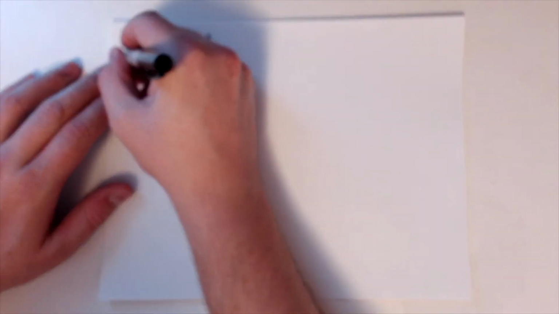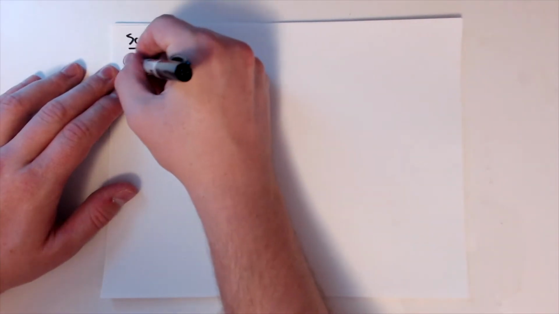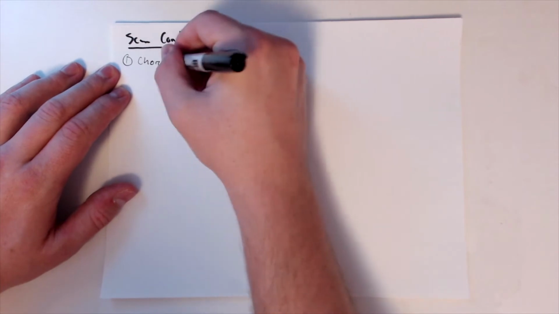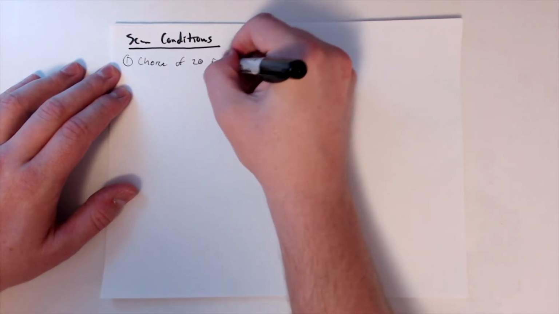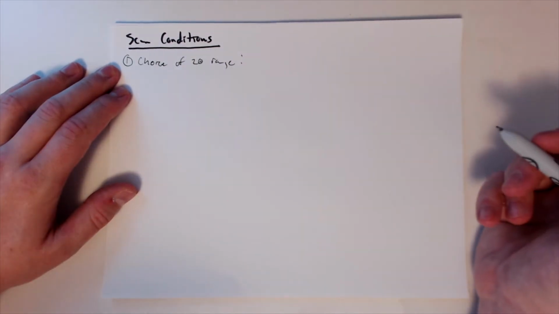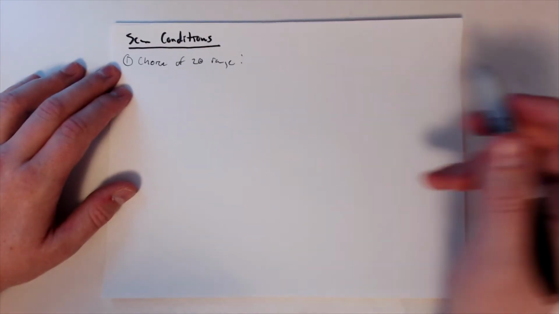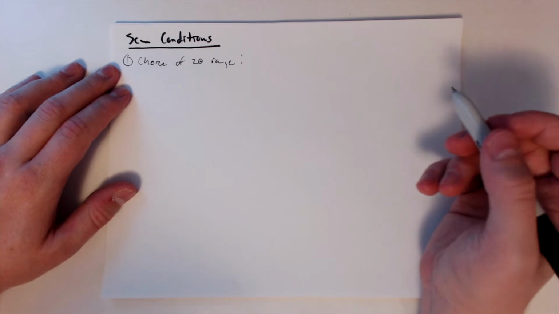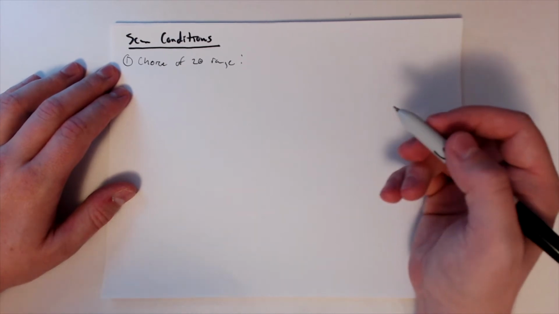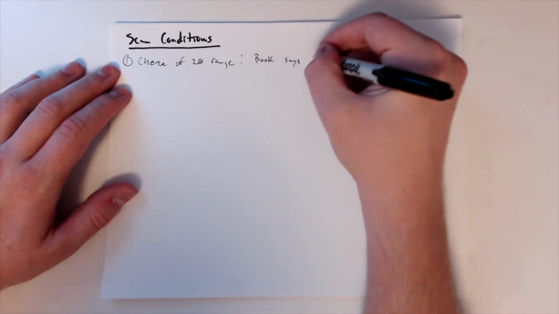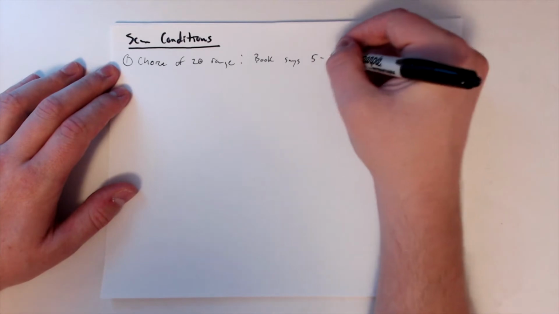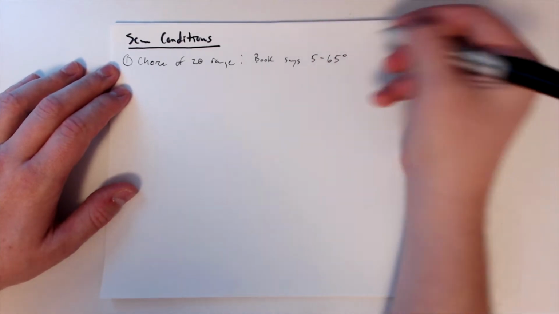So the first thing I want to talk about is the choice of range of 2 theta. So, what we choose here for the range in which we scan our detector. So the book, our course textbook, gives you an ideal range of 5 to 65 degrees.